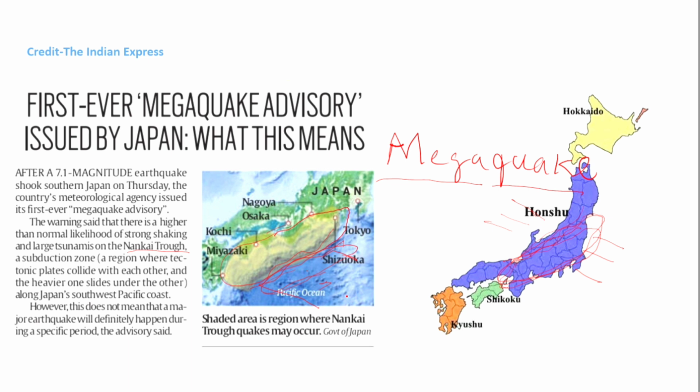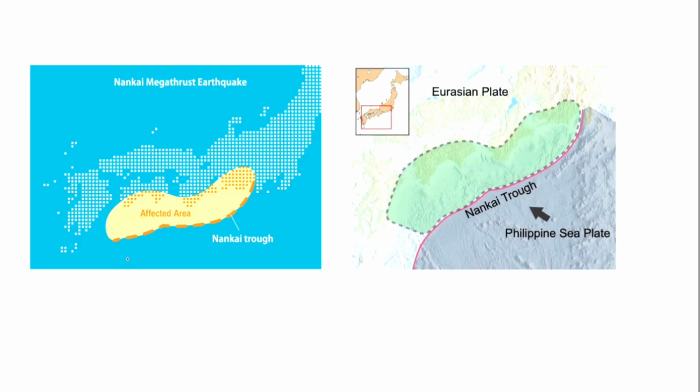I can show you the plates also here. You can see the affected area. This is the Nankai Trough, and this is the Eurasian plate and the Philippine Sea plate. This area may get affected because of the subduction zone.